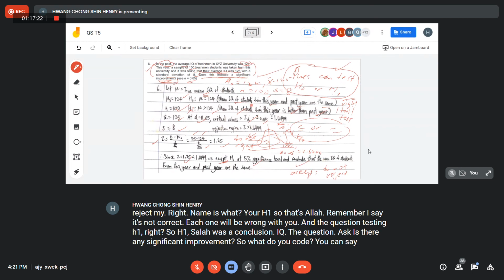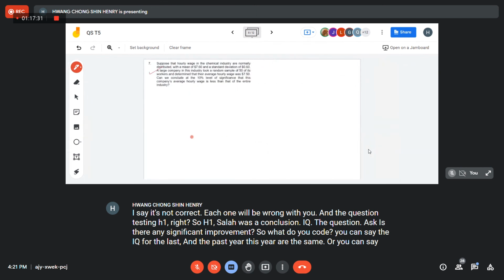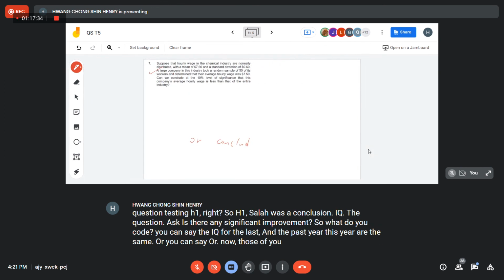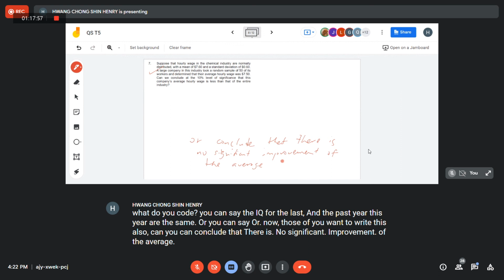You can say the IQ for the past year and this year are the same, or, for those of you who want to write it this way, you can conclude that there is no significant improvement of the average IQ of freshmen in XYZ Institute.